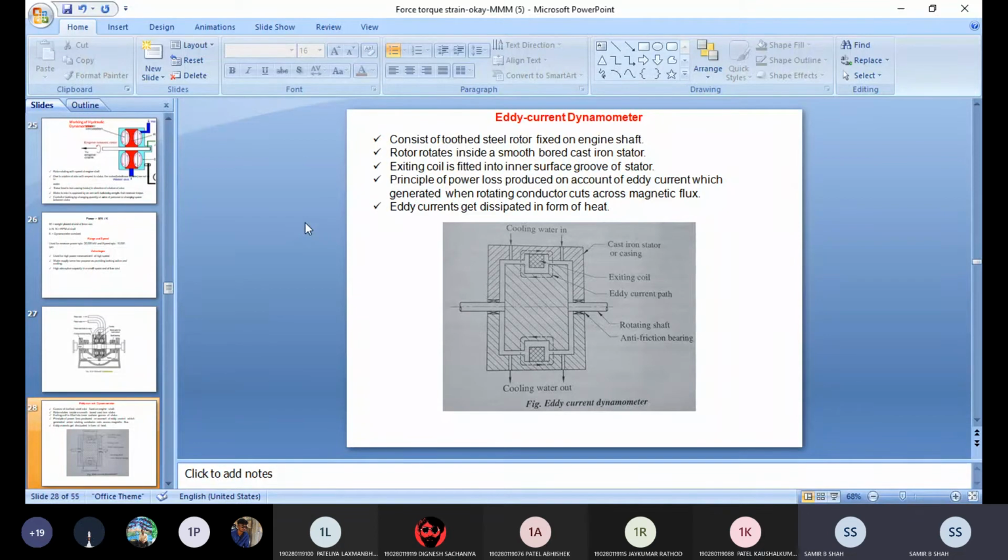Now the eddy current dynamometer. It is sometimes asked in the exam, so it is also important. You can just see the figure.